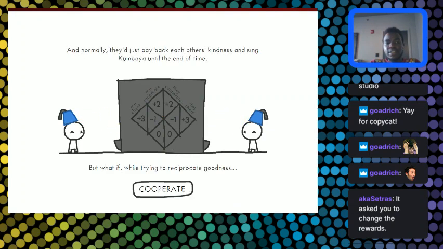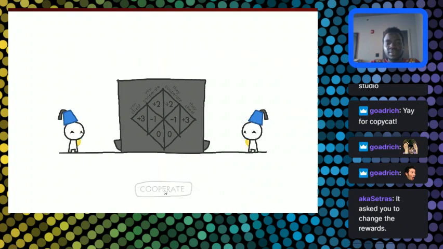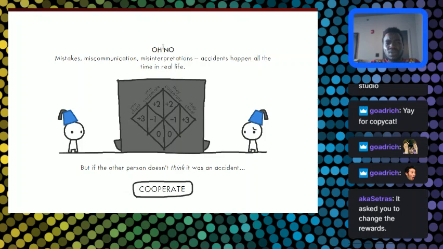And normally, they just pay back each other's kindness and sing kumbaya until the end of time. But what if, while trying to reciprocate goodness, oh no, mistakes, miscommunication, misinterpretation.